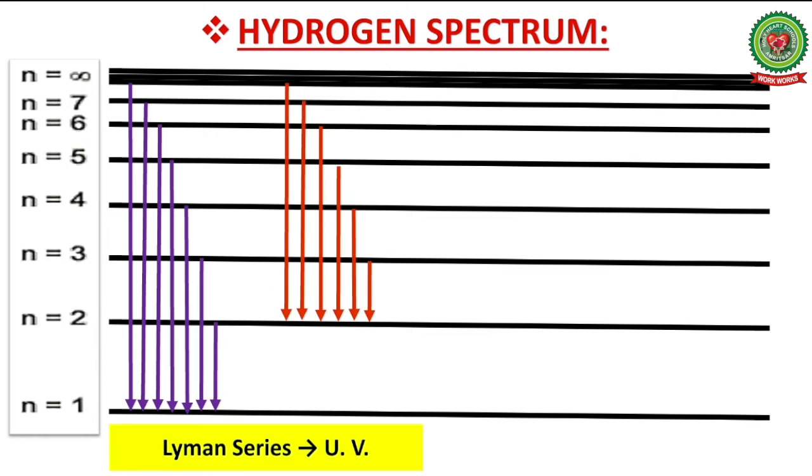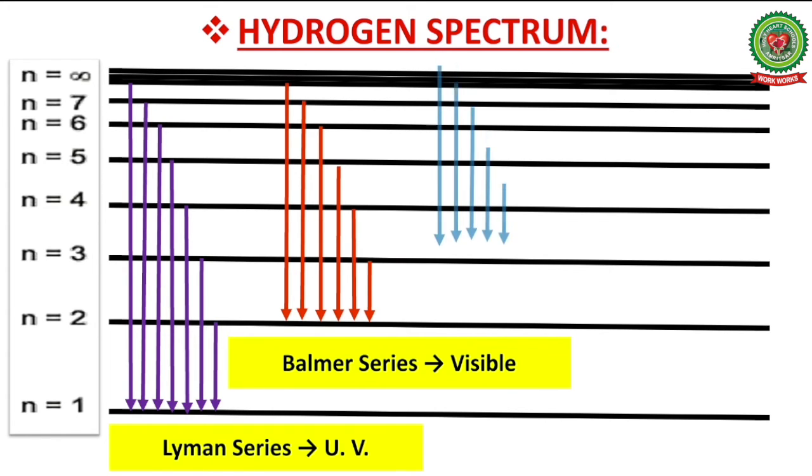Now if the excited electrons return to n equals 2, then that series is known as the Balmer series and it lies in the visible region of the spectrum. If the excited electrons return to the third shell, it is known as the Paschen series, which lies in the infrared region, near the visible region.